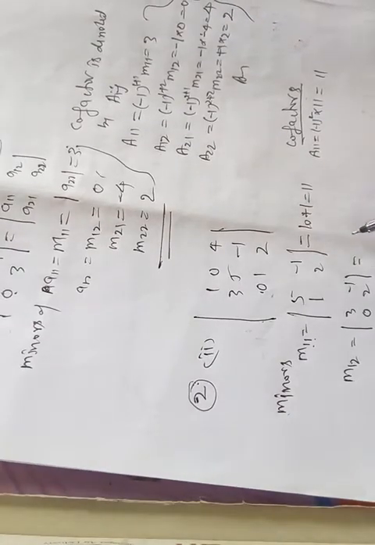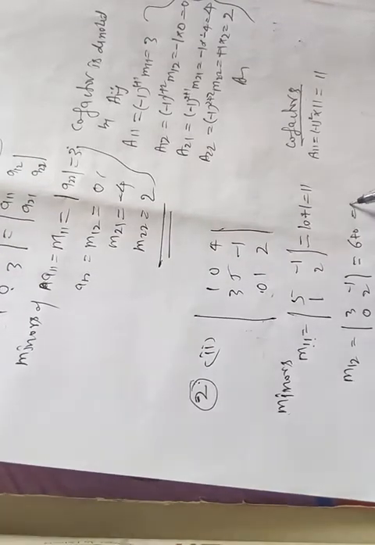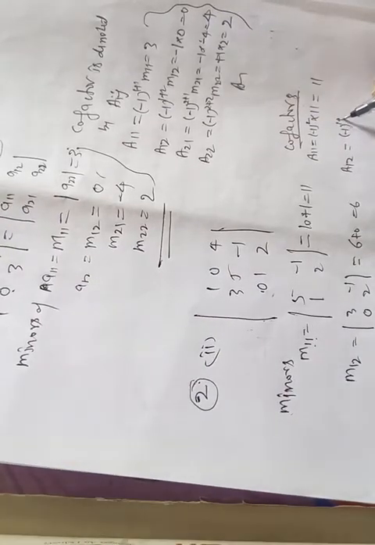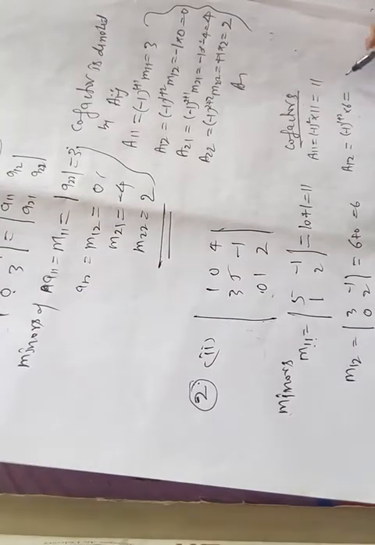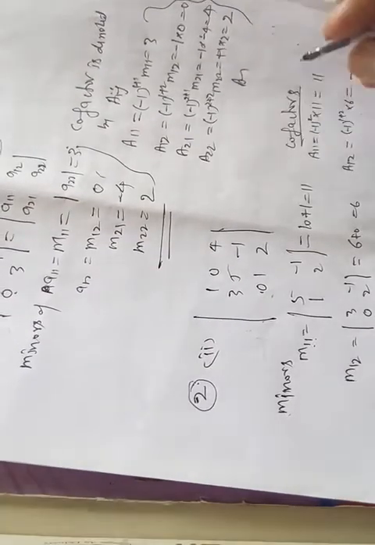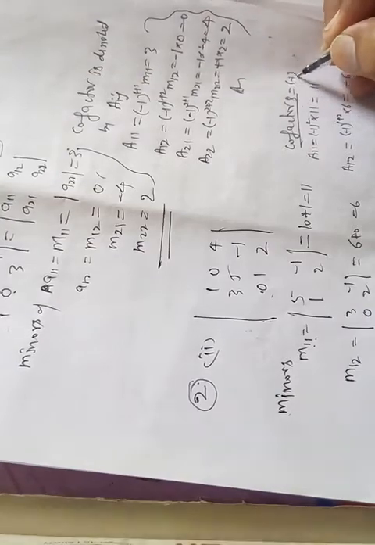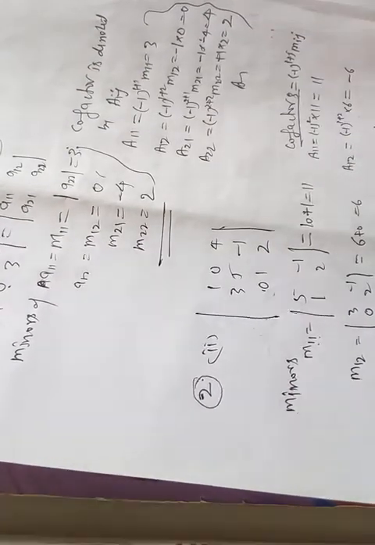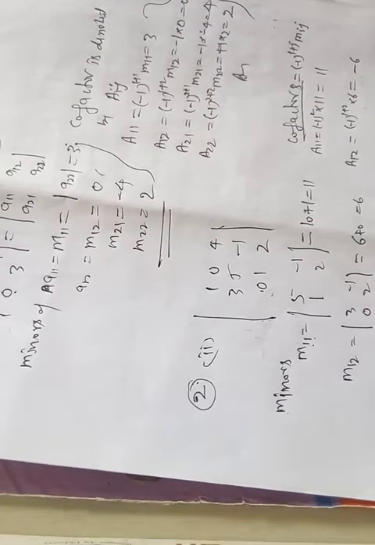This equals 6 plus 0, which is 6. So A12 is minus 1 into 6, equal to minus 6. This is minus 1 raised to i plus j into M_ij. Right?